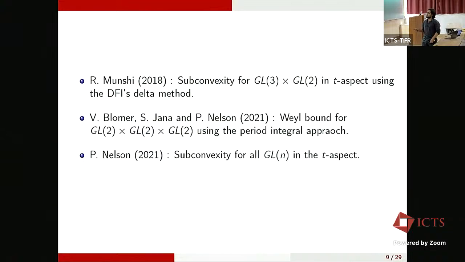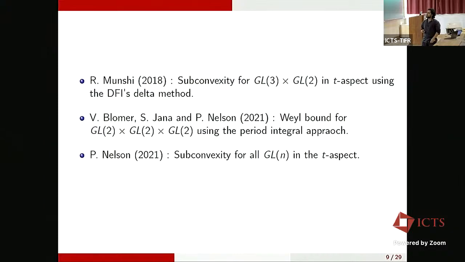This was based on the period integral approach, and of course we have the very recent result of Nelson, which solves the subconvexity problem in the T aspect for all degrees. This is also based on the period integral approach. Okay, so that's what we know in the T aspect.